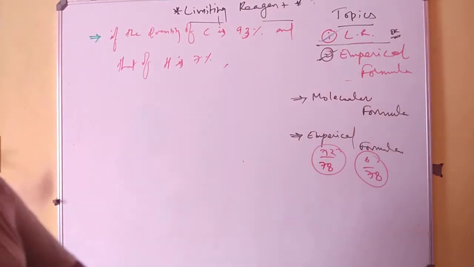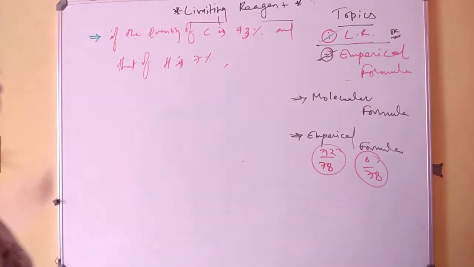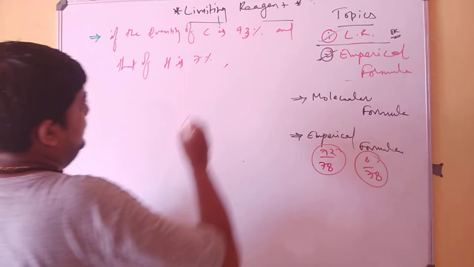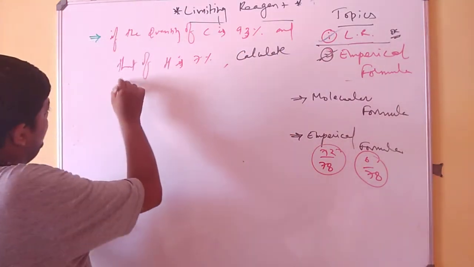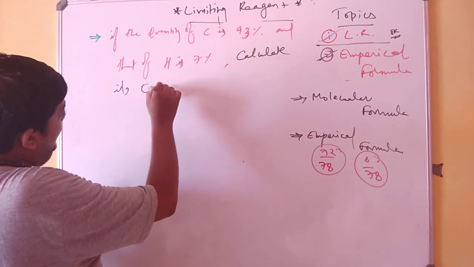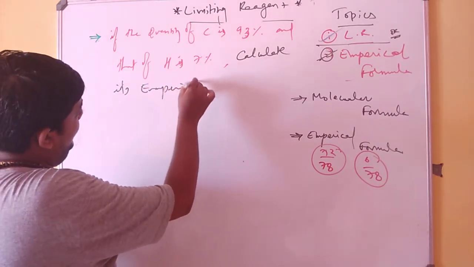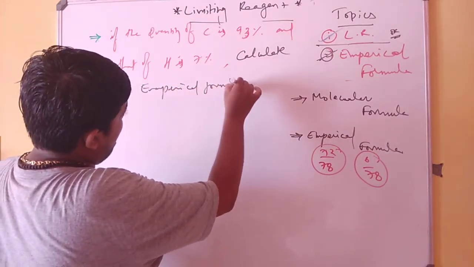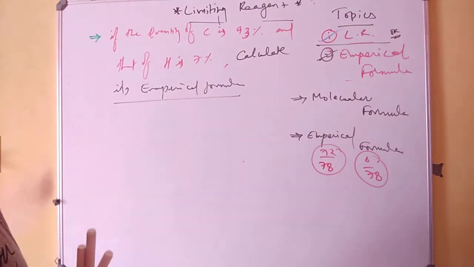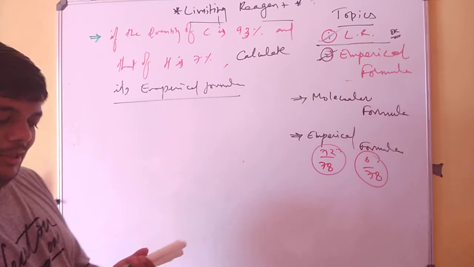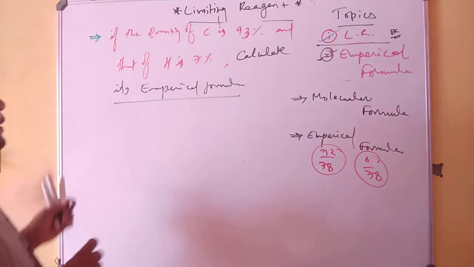If the quantity of carbon is 93% and that of hydrogen is 7%, calculate its empirical formula. This is an incomplete question which we will be completing after making you understand empirical formula.